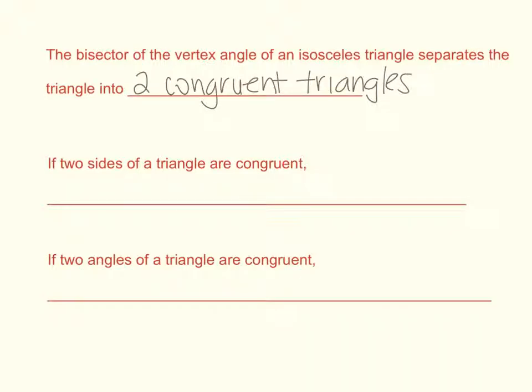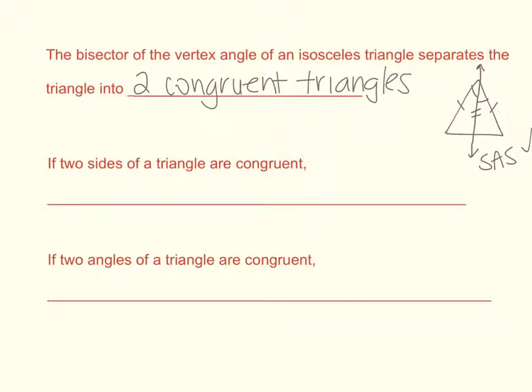So if I draw an isosceles triangle, and I'm looking at the bisector of the vertex angle, that means I'm going to be drawing a bisector right through here, meaning it's going to cut that vertex angle into 2 congruent pieces. This guy is congruent to himself. Well, look at that. I have side, angle, side for that guy, side, angle, side for that guy. So I can say by side, angle, side, yes, this is true.